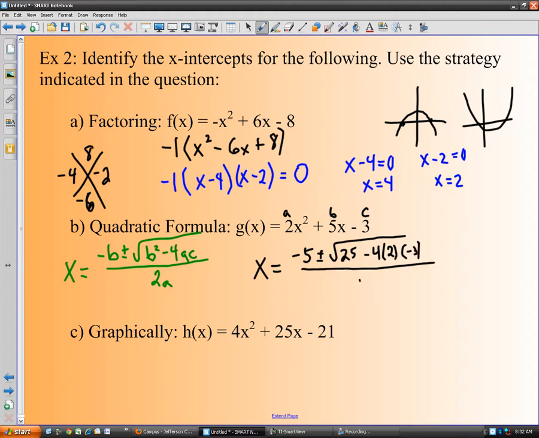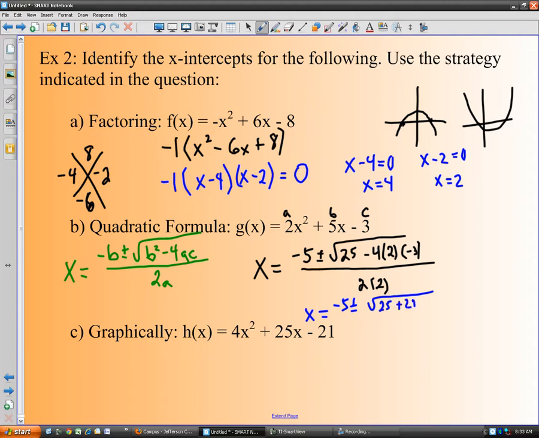Well, with a little bit of simplification in this, x is going to equal negative 5 plus or minus, and it looks like, let's see, I've got 25, and 8 times 3 is 24, and it's positive, so I add 24, all divided by 4.